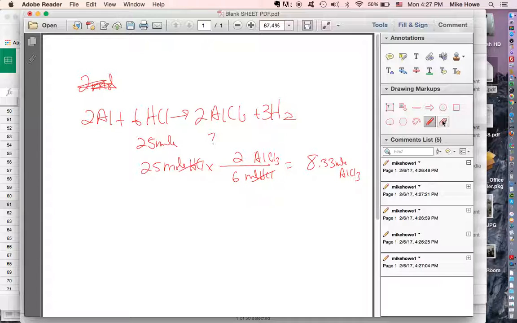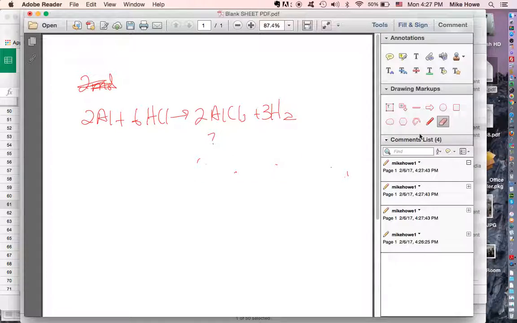Okay, so what if instead of having the moles, what if we were given grams instead? So what if instead of the moles it gave us, we said, oh, what if we have, say, 73 grams of this?